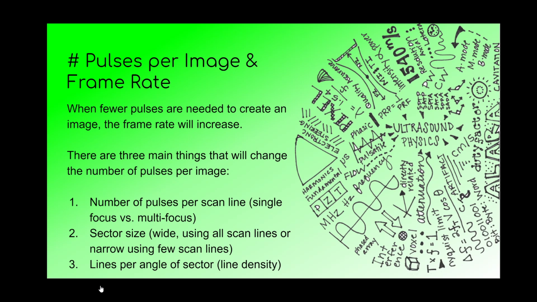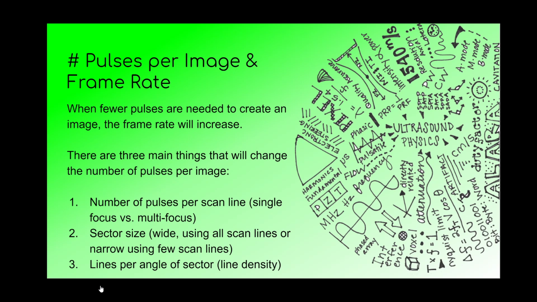Your sector size: do you have a very wide picture, or have you narrowed your sector to make it a smaller picture? Wider sector sizes require more pulses, which will then decrease your frame rate. The last thing that can increase your pulses per image is the lines per angle of sector, which is also known as line density.